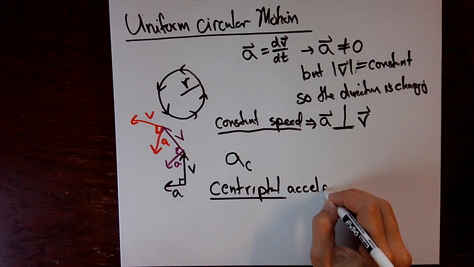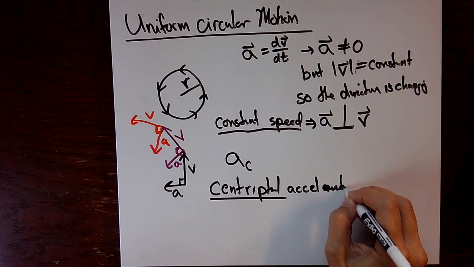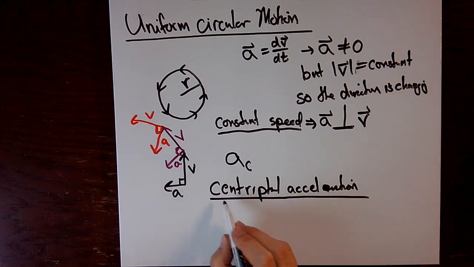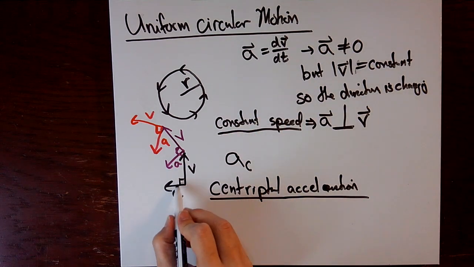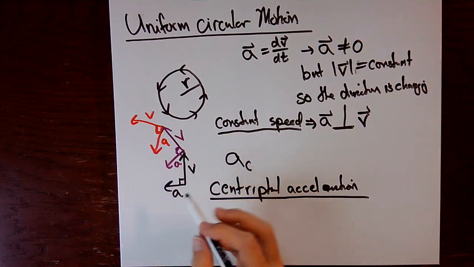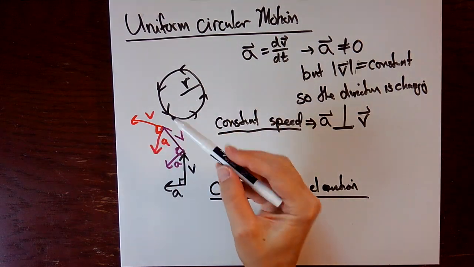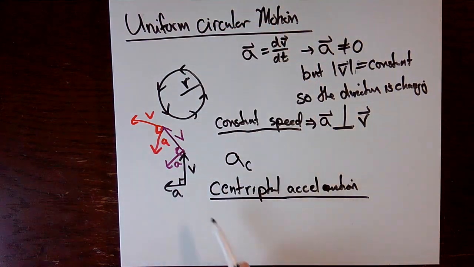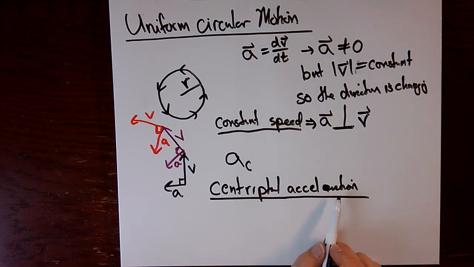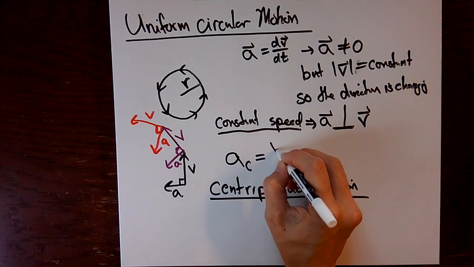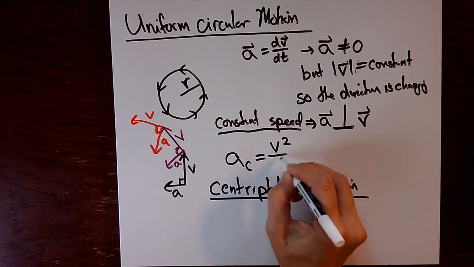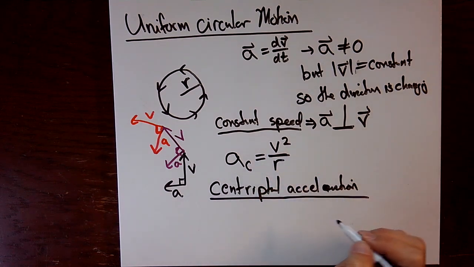Centripetal stands for center seeking. So if you take this small chunk of the circle, you can see the acceleration is always going to be pointing into the middle, or the center, of the circle. So that's where it gets its name. And it is equal to the speed squared divided by the radius of the circle.